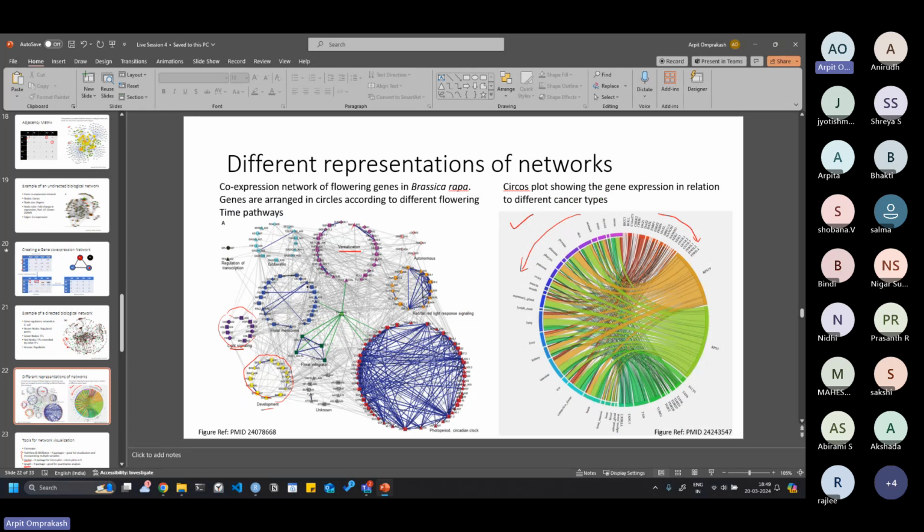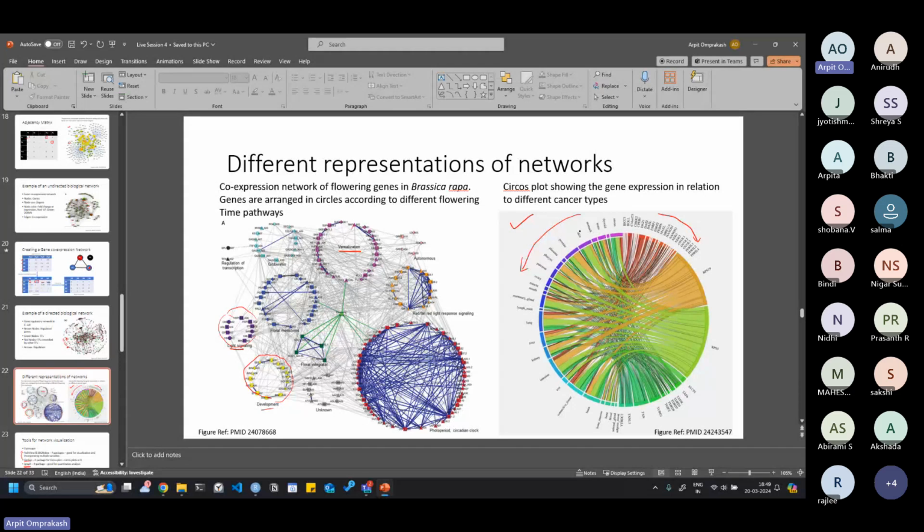We also talked about different representations of networks. We can arrange networks in different ways so that they convey more information. For example, here we can see the different flowering genes in Brassica rapa, arranged in circles according to the different pathways that they exist in. So we can see the interactions within pathways and also between different pathways.